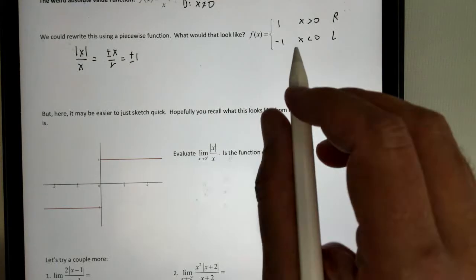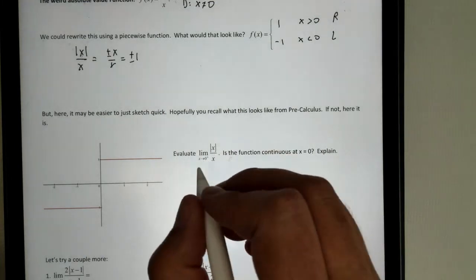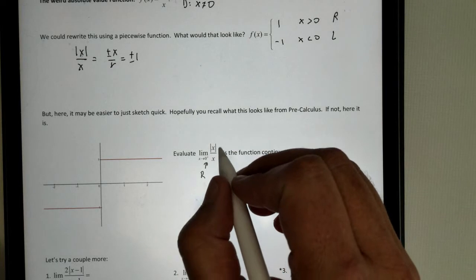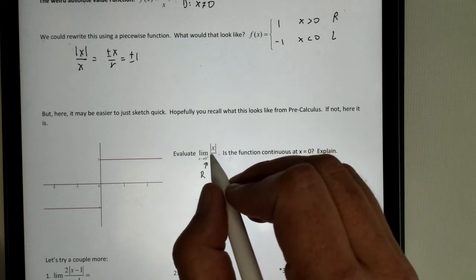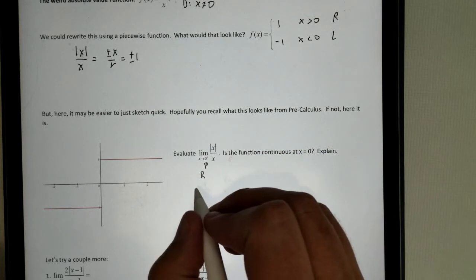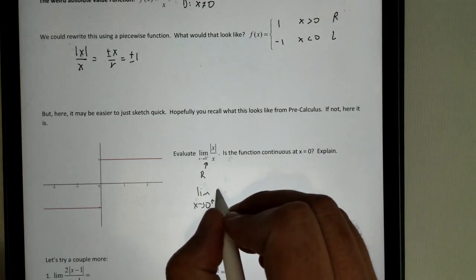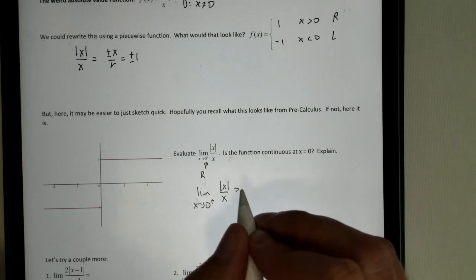Now for this one, we want to evaluate the limit as x approaches 0 from the right. There's our right side. I want to find out what this limit is equal to right here. So the limit as x approaches 0 from the right of the absolute value of x over x is, so I'm going to graph it.